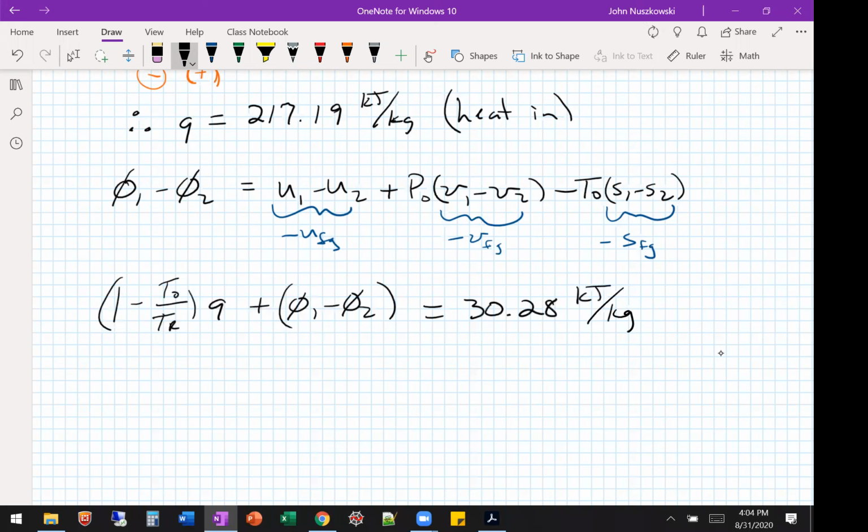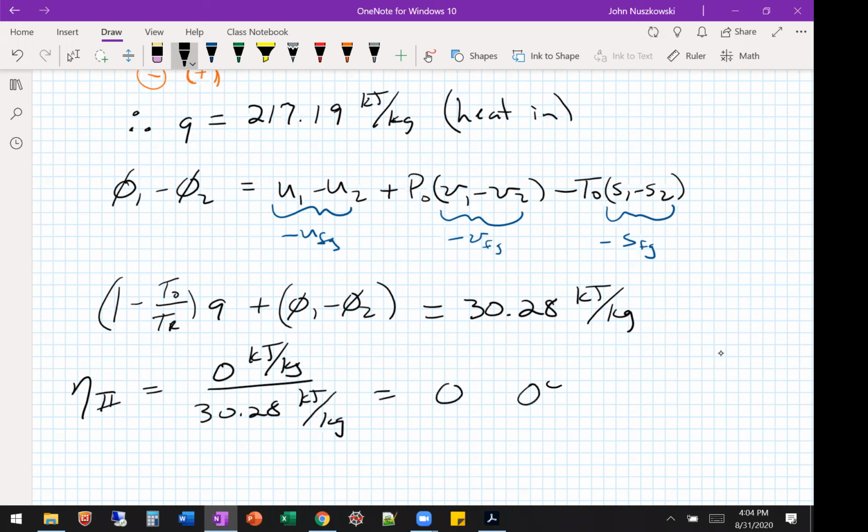All right, so our second law efficiency is 0 kilojoules per kilogram divided by 30.28 kilojoules per kilogram. Okay, so 0%, right?